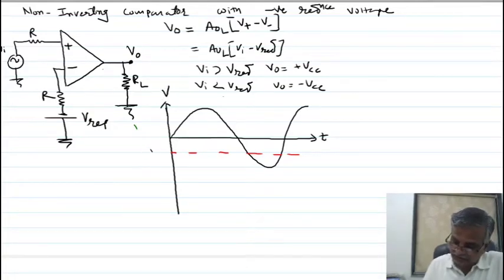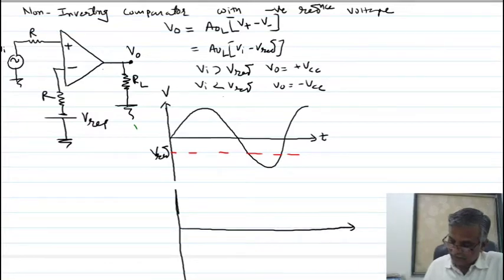This is your V reference, which is negative. Let me draw the corresponding output voltage. This is the corresponding output voltage. See here, these are the intersections.